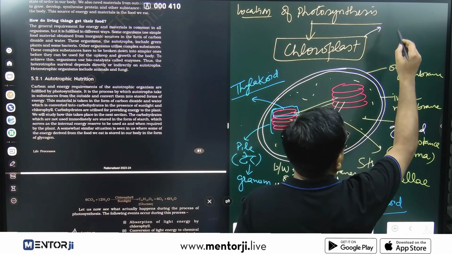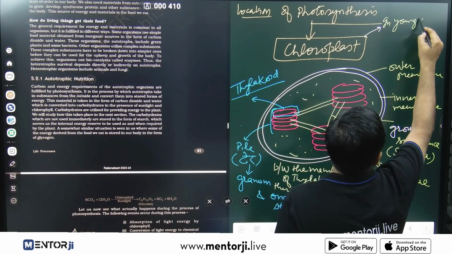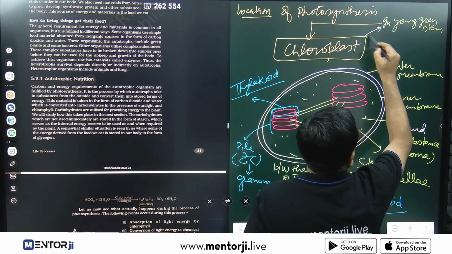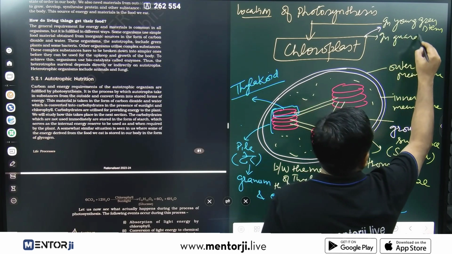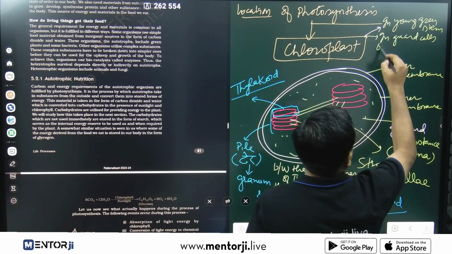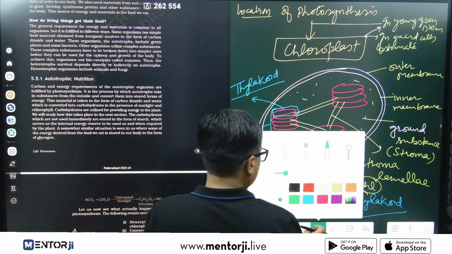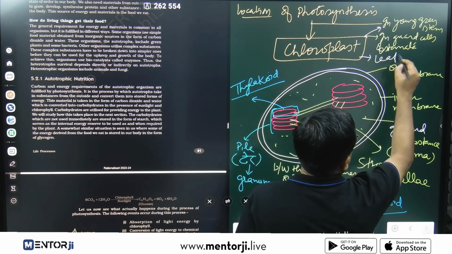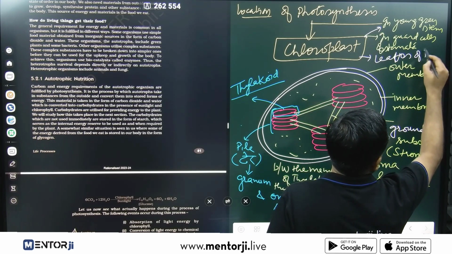Chloroplast is found in young green stem, second in guard cells of stomata, and third is the leaves of the plant.